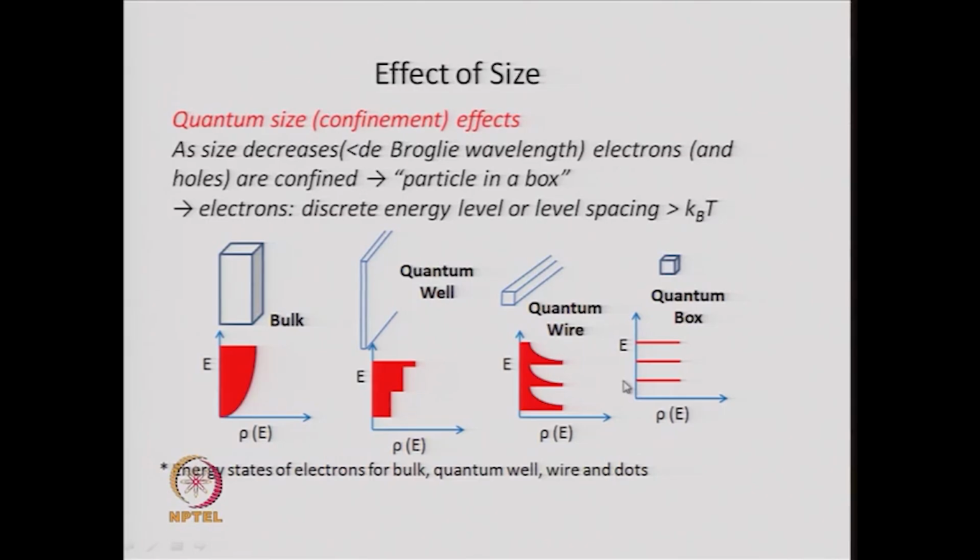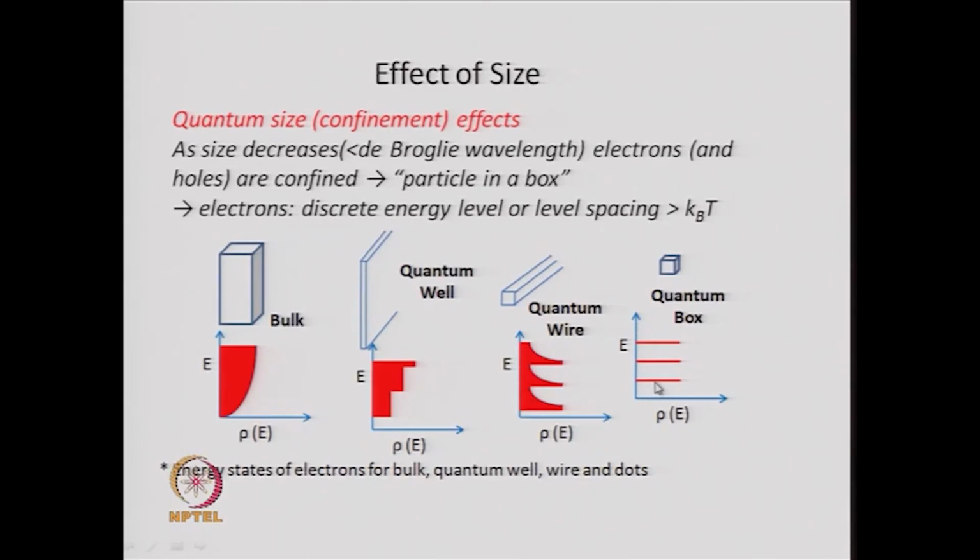So, you have discrete energy levels. So, at one energy say E1 you can have some density of states, at another energy E2 you can have some density of states, but between E1 and E2 you cannot have any density of states.